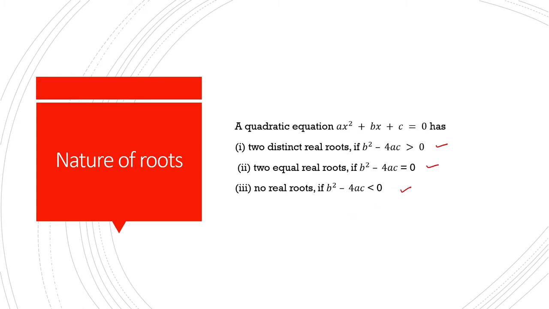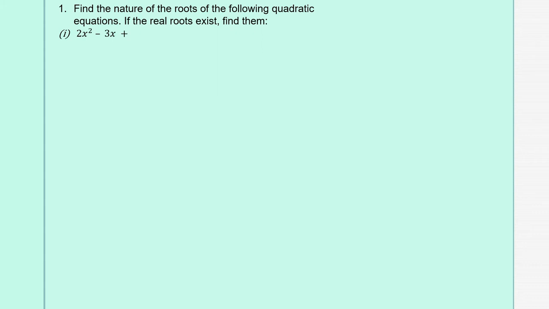Okay. Now, let's start. Find the nature of the roots of the following quadratic equation. If real roots exist, find them. The equation is 2x square minus 3x plus 5 is equal to 0. Students, this equation is in standard form. So, comparing with ax square plus bx plus c is equal to 0, we get a is equal to 2, b is equal to minus 3 and c is equal to 5.